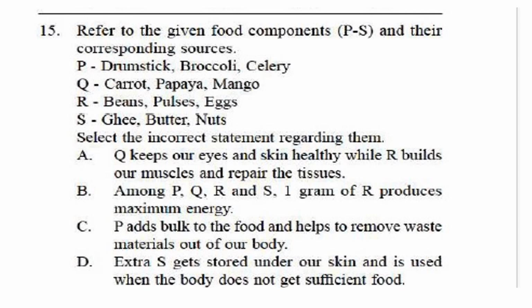It's not our answer because we need to find the incorrect statement. Protein builds our muscles and repairs the tissues. Option B. Among P, Q, R and S, 1 gram of R produces maximum energy. R is protein. It is not energy giving food. So option B is incorrect. No need to check further.